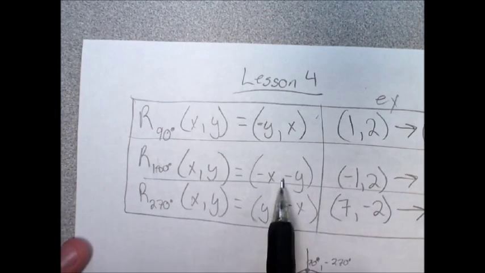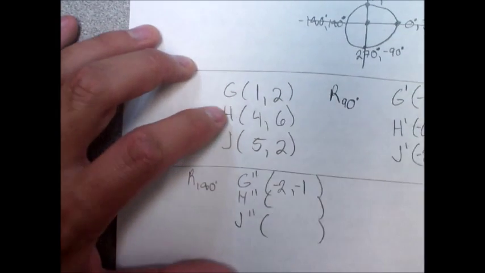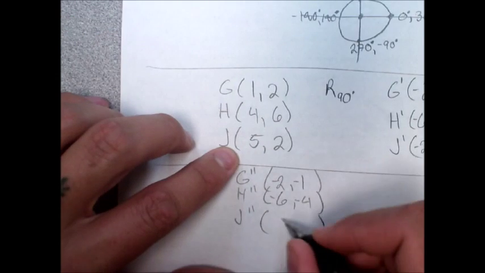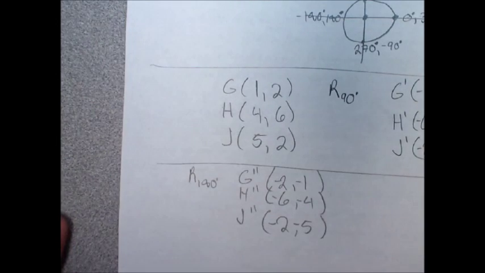So I'd go up to my chart. I'd say, okay, I just flip them and change the sign of both. So from 1, 2, it's going to be 2, comma 1, and make them both negative. It's going to be 6, 4, and make them both negative. And then 2, 5, and make them both negative. There you go. That one's kind of easy, right? Flip them, change them.